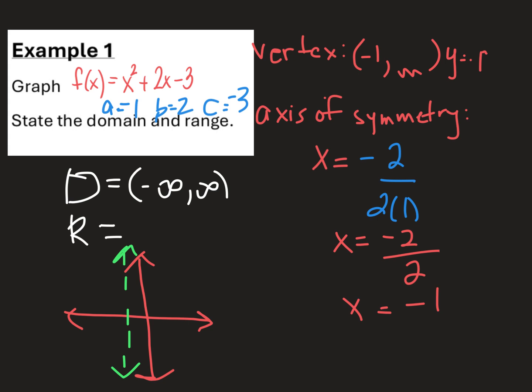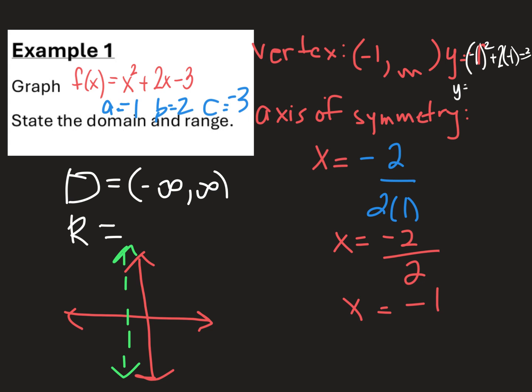I finally got it to work. Okay, so x equals negative 1. Negative 1 squared plus 2 times negative 1 minus 3.